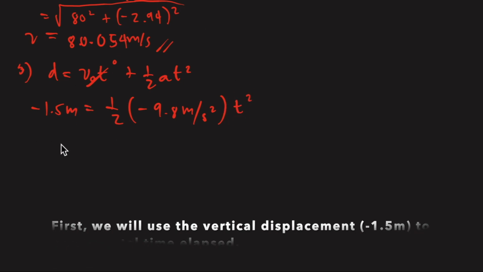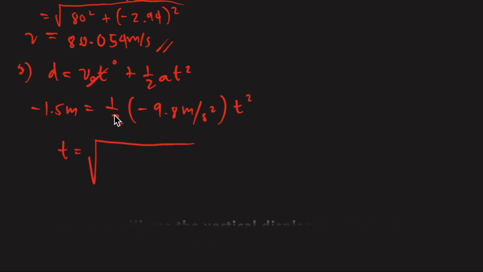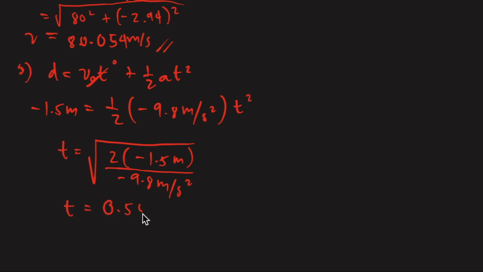Therefore t is equal to the square root of 2 times negative 1.5 meters divided by negative 9.8 meters per second square, which gives us a time of 0.5533 seconds. This is the time it takes for the bullet to reach the ground.